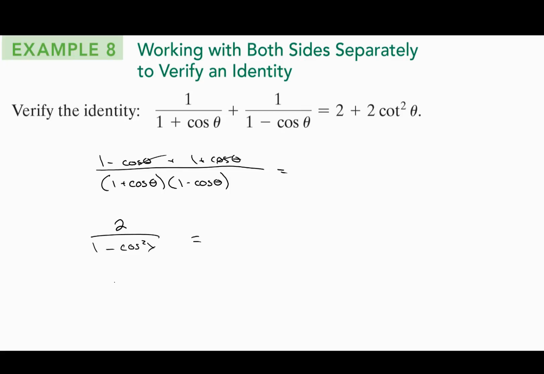I could keep this going a little bit, but let's see what happens when I mess with the right-hand side a little bit. I notice that I can factor out a 2.